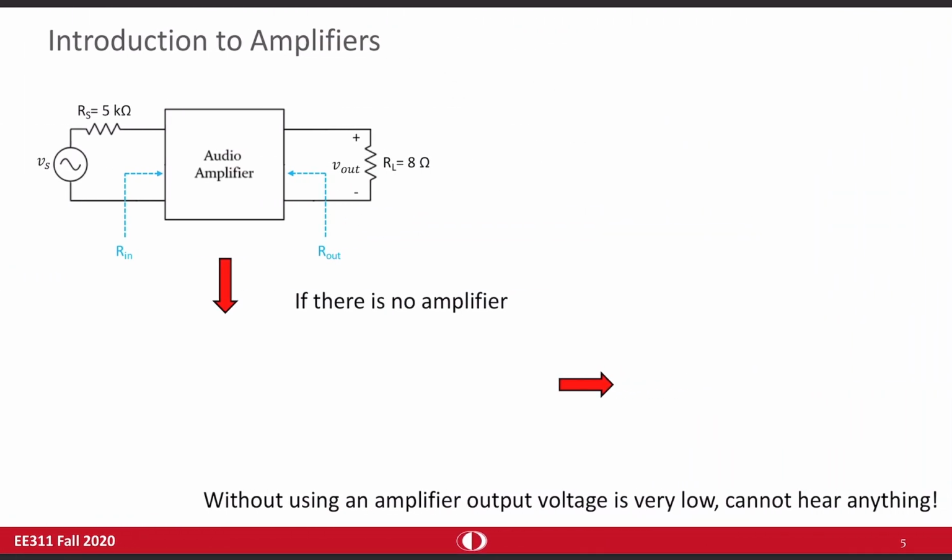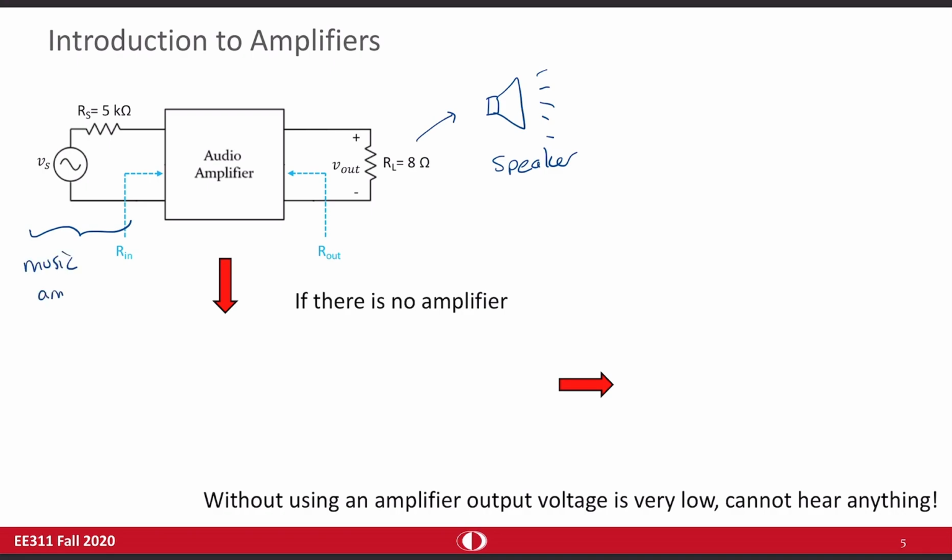So this is a good example. Let's say that I want to drive a speaker. Let's say this 8 ohm impedance is modeling a speaker. And you have, let's say, you designed a source, which is a music player.